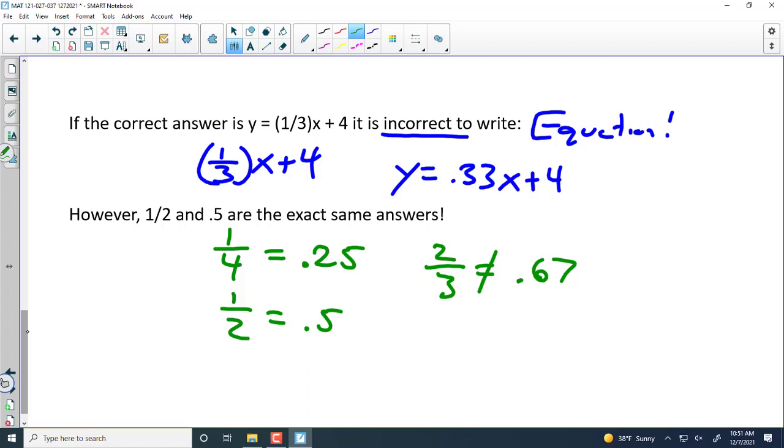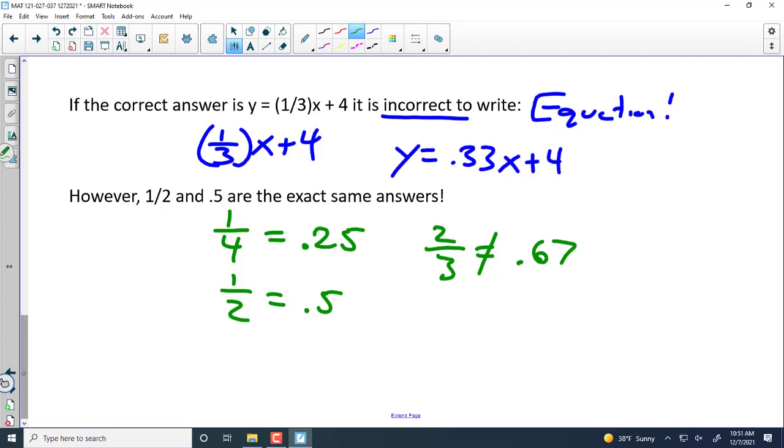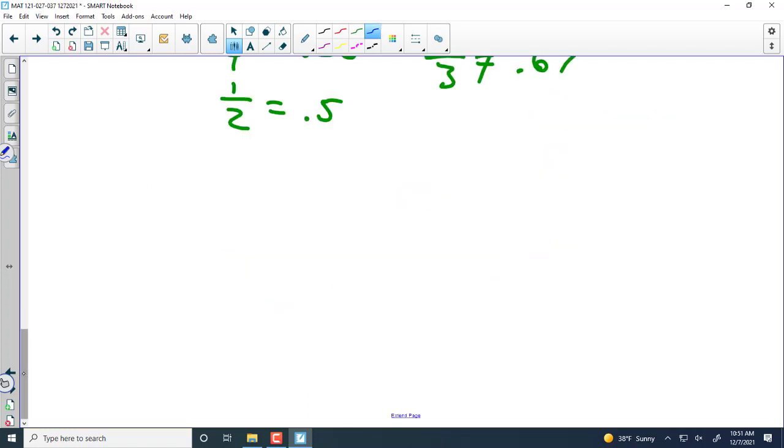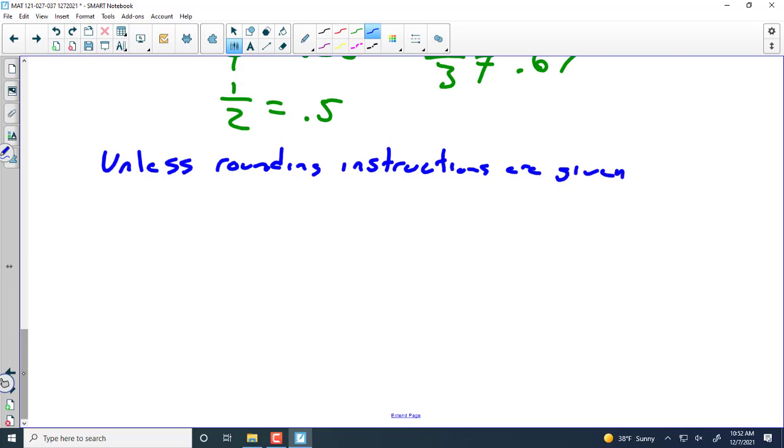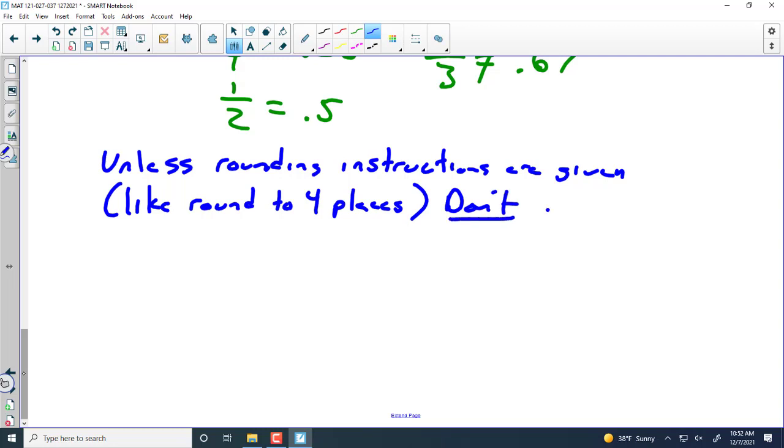And of course there are times when you're asked for a decimal, where it says give a decimal rounded to 4 places, and that's fine. But unless rounding instructions are given, like round to 4 places, don't give rounded decimals.